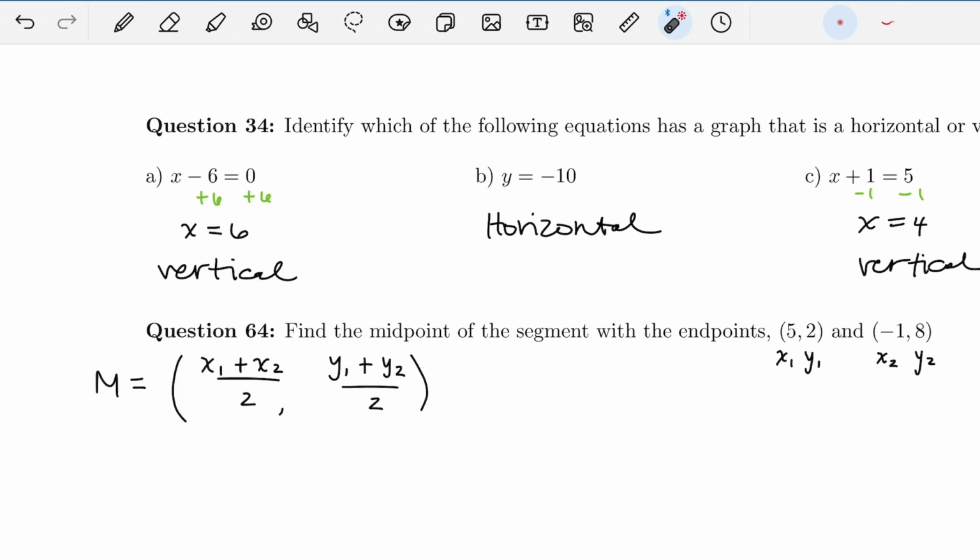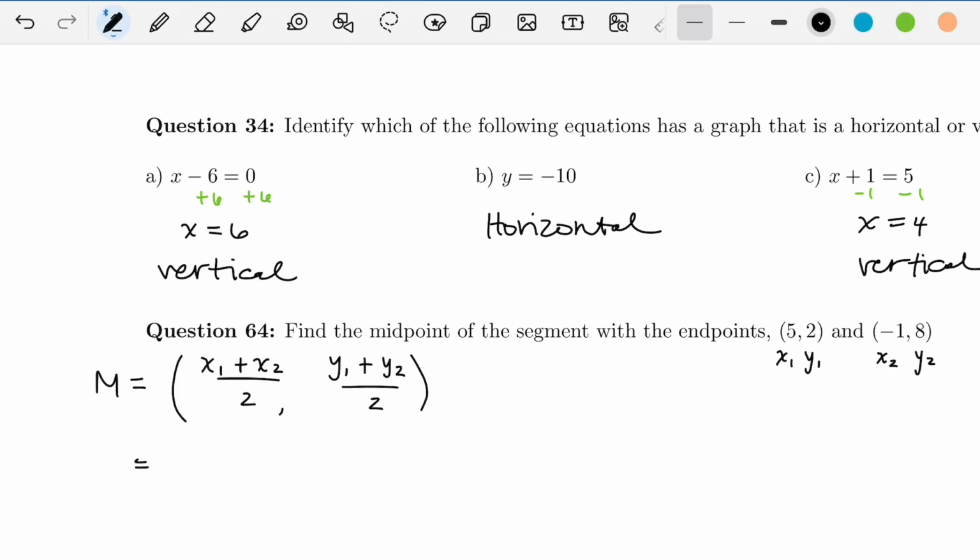It doesn't really matter, you could also label this as x2 and y2 and this one as x1 and y1 if you wanted, but whatever you choose, you have to plug it in correctly into this formula. So don't get too caught up with this notation. This is just to represent that we're dealing with 2 different coordinates and labeling them accordingly so we can plug them into our midpoint formula.